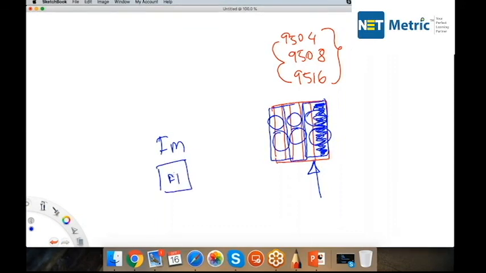Now, whenever you have removed one fan tray, in this particular example, I have removed this one fan tray, what happens is the fans in the other fan trays will increase their speed to compensate for the loss of this particular fan tray.